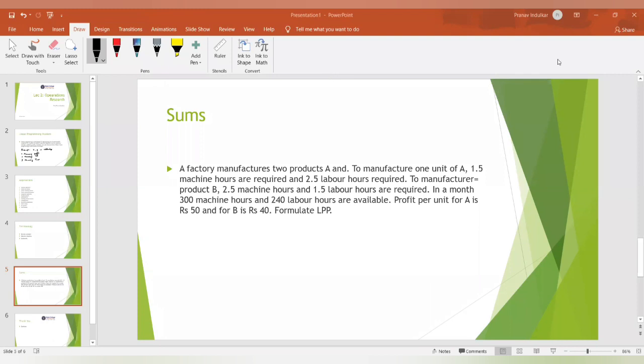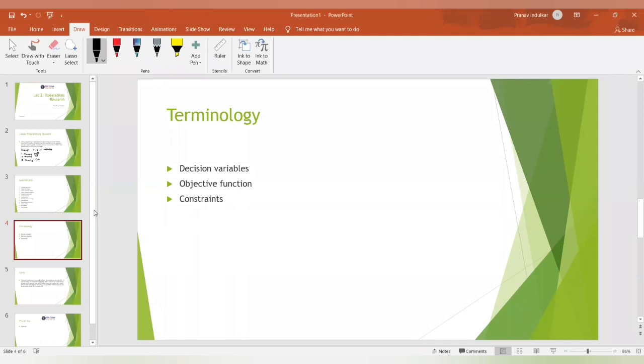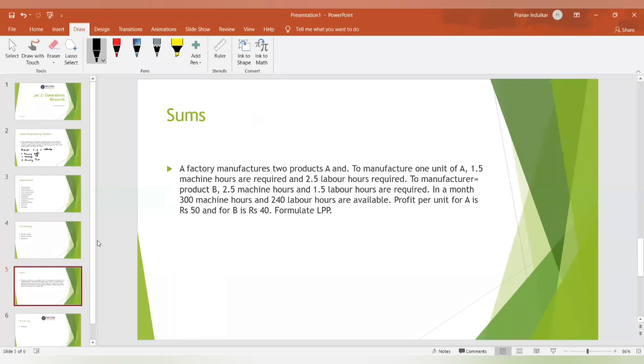So there are three parts of the sum. If you look at this terminology, I hope you have taken a look at the question.